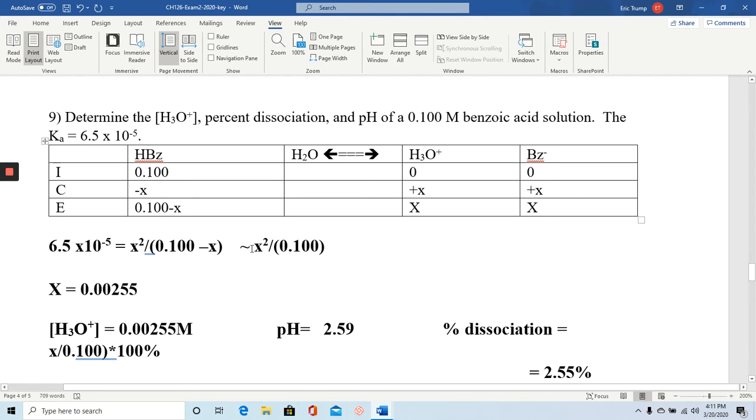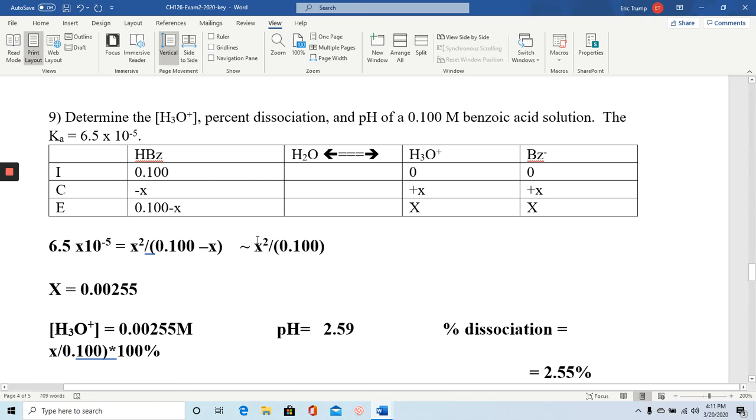It decreases by X. The hydronium and benzoate both start out at 0, and they each increase by X. Okay, so our equilibrium constant expression is hydronium times benzoate divided by benzoic acid. Okay, these are both X, so in the numerator we have X squared. In the denominator we have 0.1 minus X.